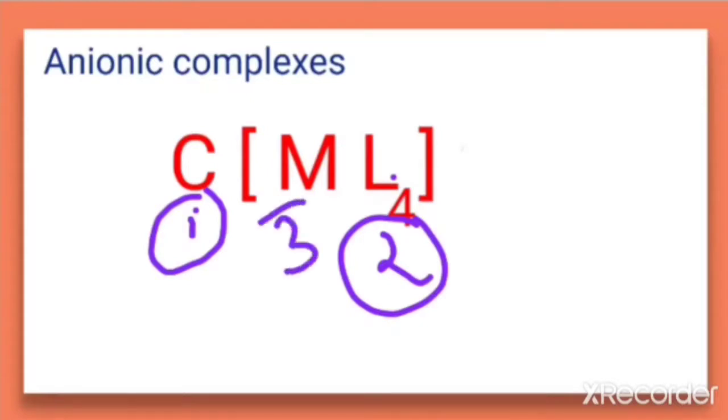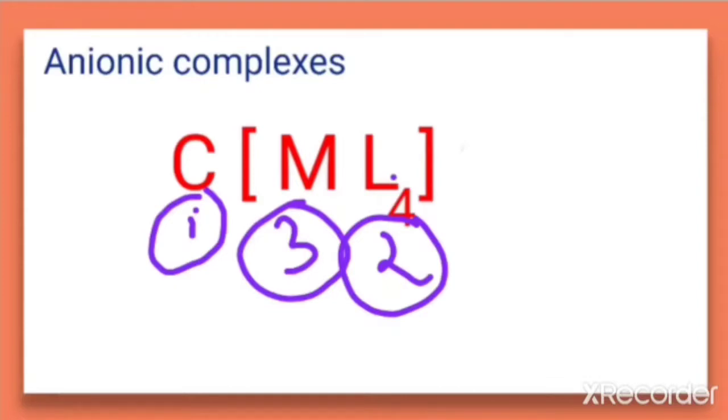the metal. So this is the order of writing the names for the case of anionic complex. That is, first the positively charged counter ion, second the ligand with the prefix of number of ligand, and then only we have to name the central metal ion.